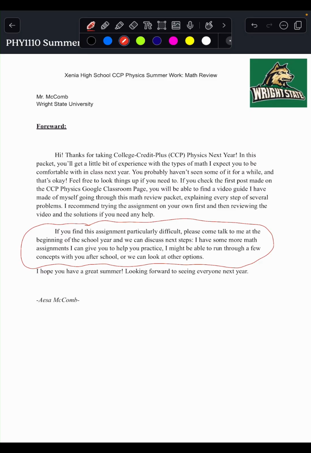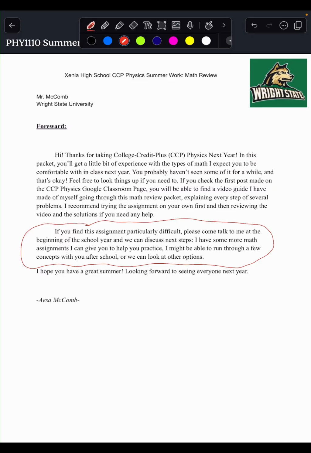However, physics is a lot of math, and your ability to do the physics will be compromised by your struggle with the math. So if any of this is a little bit beyond you or you're worried about it, that's okay. Come talk to me and we will discuss options.